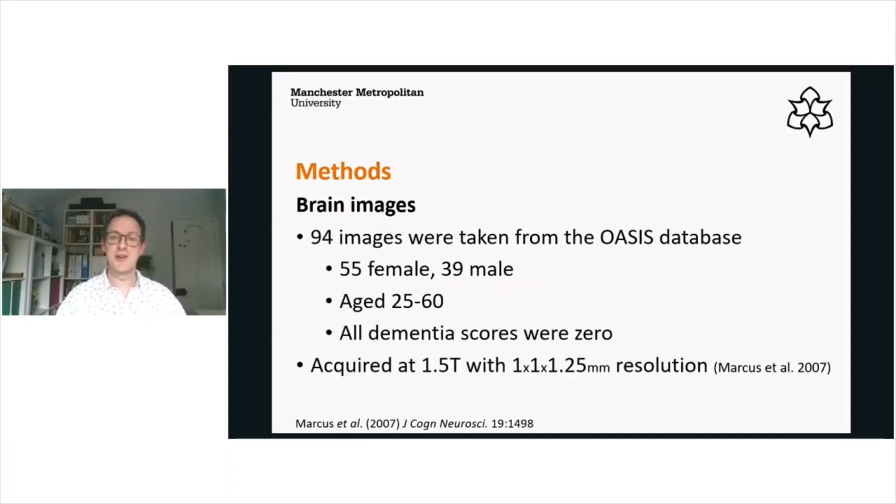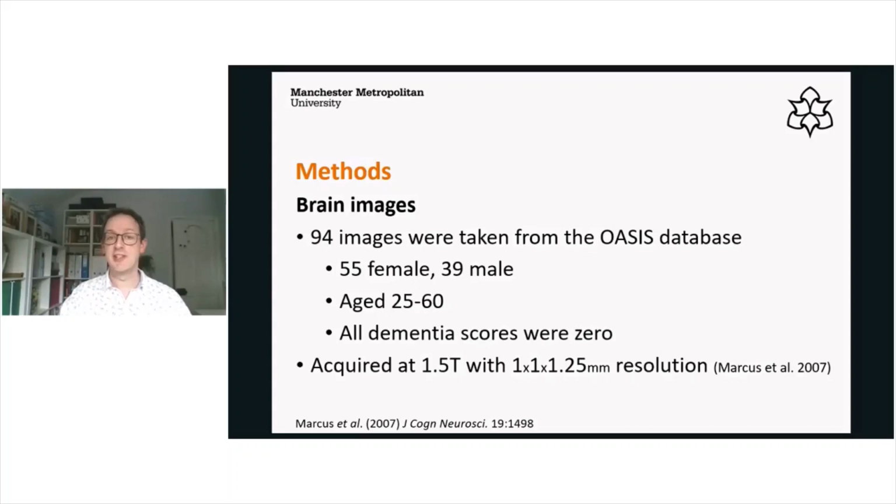Okay, how have we done this? This uses some pre-existing data. In fact, these were taken from the OASIS database, which is freely available. There are something over 400 images in the OASIS 1 series.